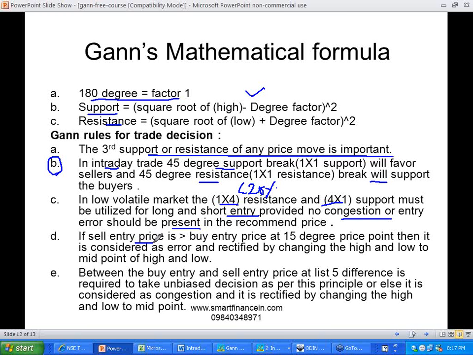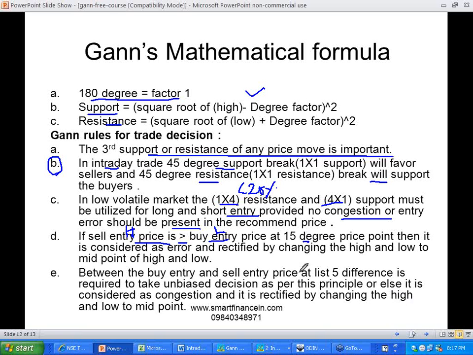Sell entries are derived from the support, buy entries are derived from the resistances, and supports are calculated from the low, sell entries are calculated from the high, and buy entries are taken from the low. But since these two price points, high and low, are entirely different and the calculations are independent, we may come across a situation where the sell entry price is greater than the buy entry price at the 15 degree price point.